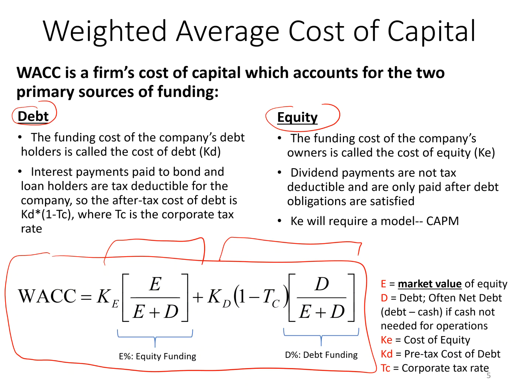Now, the funding cost for a company's debt, we'll call it KD in this formula. And the textbook, I believe, also uses that term KD, the cost of debt. And the interest payments paid to bond and loan holders are tax deductible for the company. So when I talk about the cost of debt, that's the rate of return that the bondholders or the bank requires and charges the organization.